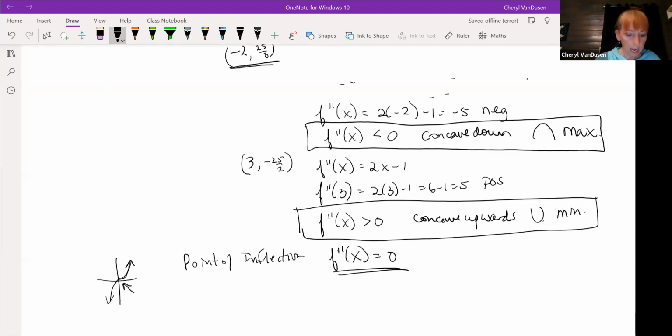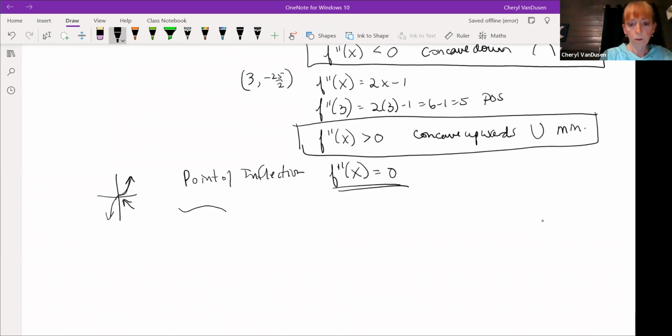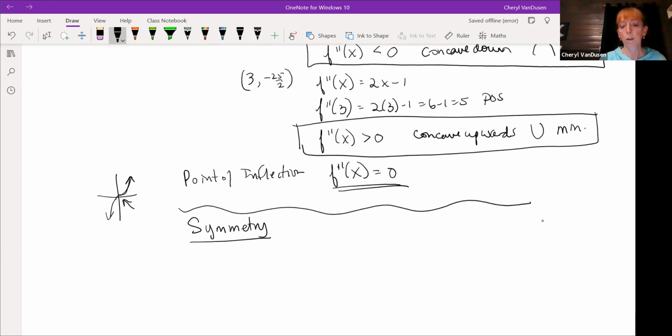Now, I think the last thing that I want to do here is just talk a little bit about symmetry. A test that we'll be asked to do is figure out whether the graph is symmetrical about the x-axis or symmetrical about the y-axis. The tests for that are not super hard.